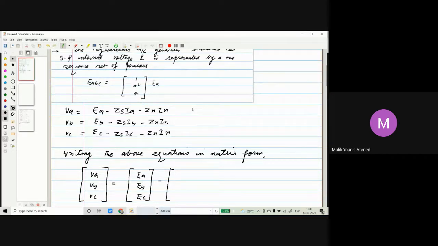If we take one of the phases, we can write this as ZS plus ZN into IA. Now we'll be multiplying. Okay, let us leave it first. I will explain it later.